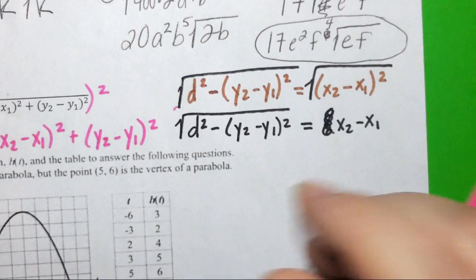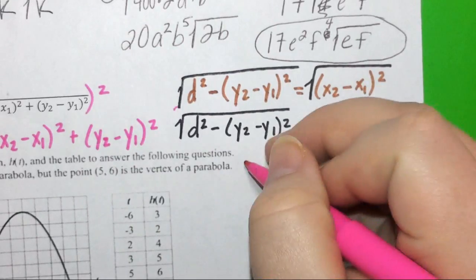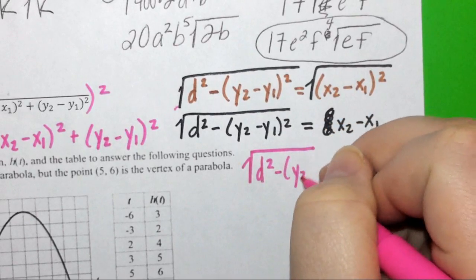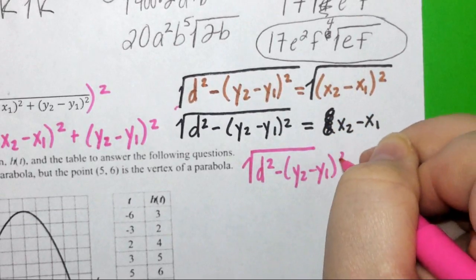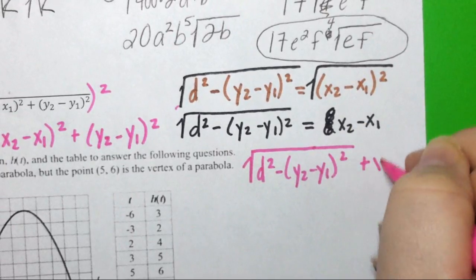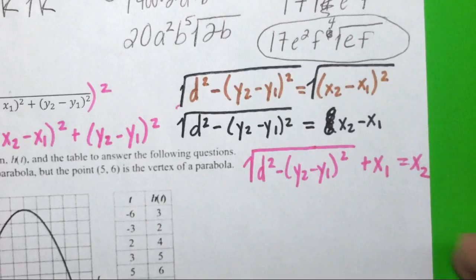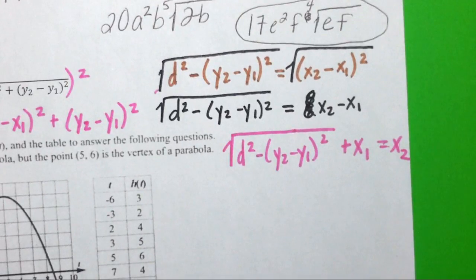So it's the square root of d squared minus y2 minus y1 squared plus x1 equals x2. When you add x1 to both sides, x1 doesn't get to jump under the radical. He wasn't originally in the house. He can't suddenly join the house. It's not how houses work.